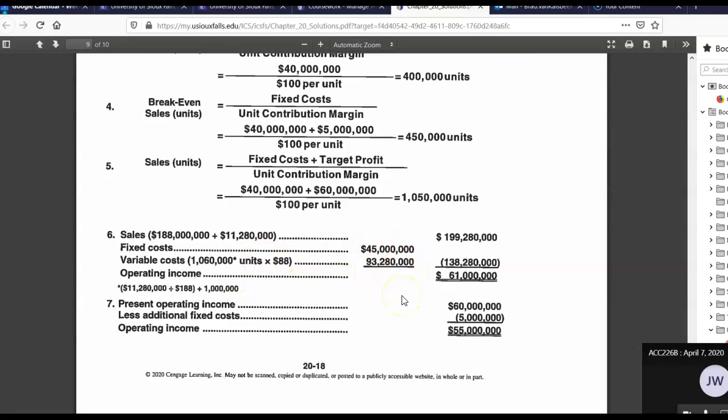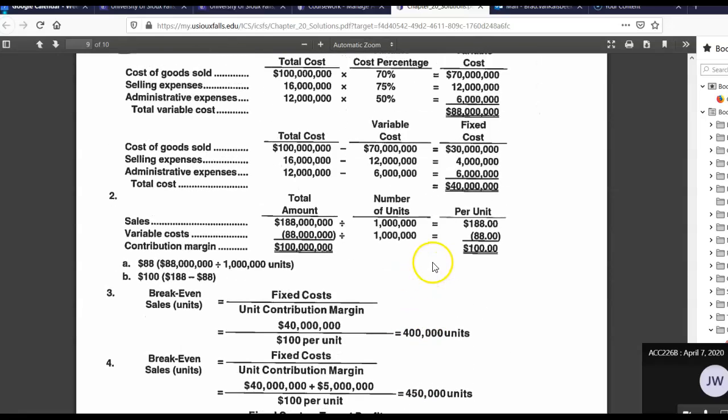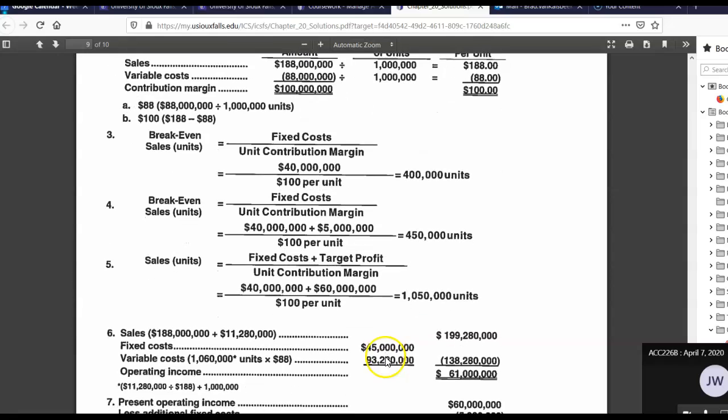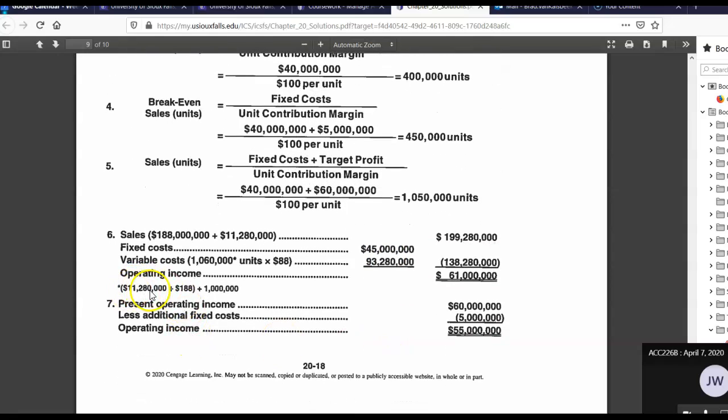Well, if we are going to do another 11,280,000 in sales, we need to know how many units that is. Well, we divide that by the sales price right up here. So if we take our 11 million new divided by the sales price of 188 bucks, that is 60,000 more units.